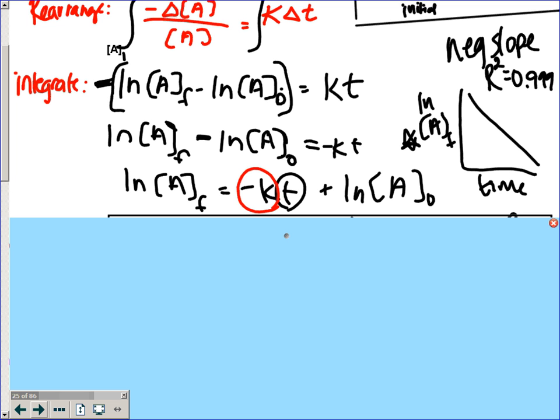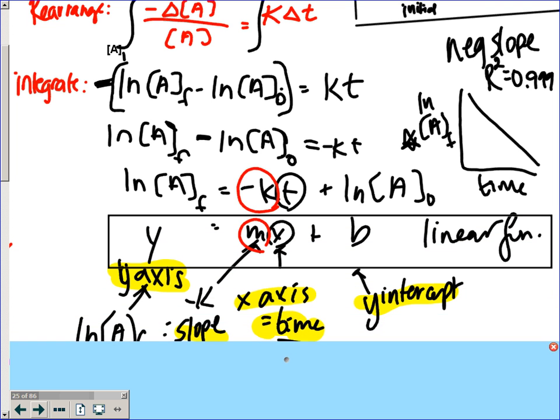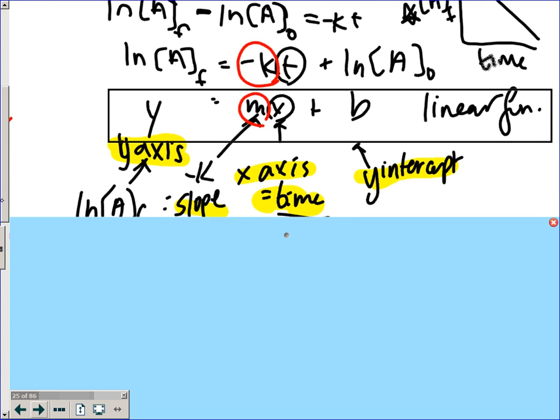This correlates to y equals mx plus b. I've tried to put all this on the same slide. Y is the ln of A, m is our k constant, t is our time on the x-axis, and ln of A naught is our y-intercept. So we know the equation, we know the graph. Those are the most important pieces.